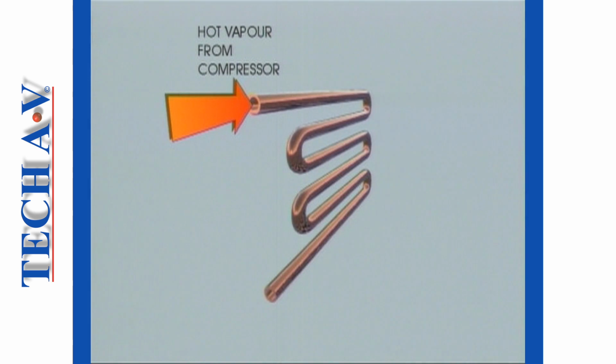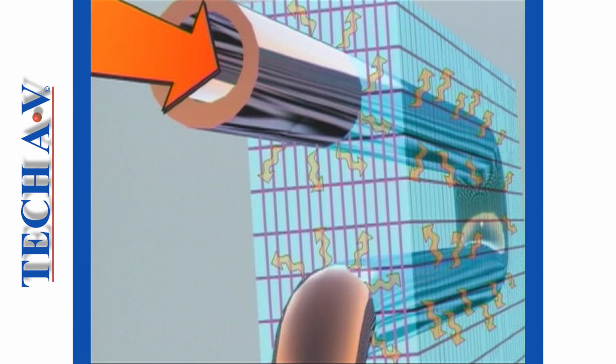The condenser is, in essence, a coil of copper tubing through which the hot vapor is caused to flow. Heat flows out of the vapor by conduction into the tubing. From the tubing, this heat is conducted into aluminium cooling fins which are attached to the tubing.